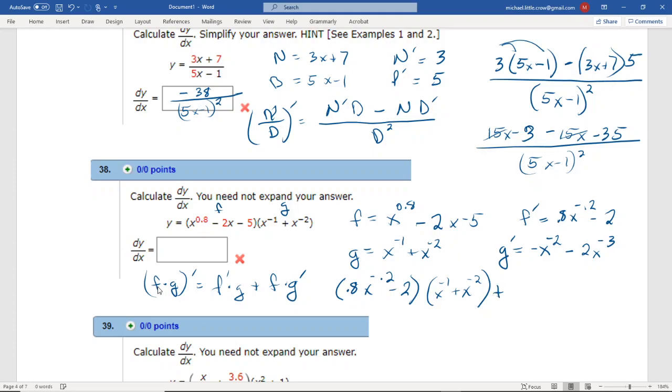Then plus the f function itself, so we just rewrite that, x to the 0.8 minus 2x minus 5. That's the f function, and then the derivative of g, so we have minus x to the minus 2 minus 2x to the minus 3. And I'll fit in there. So that's what goes in there.